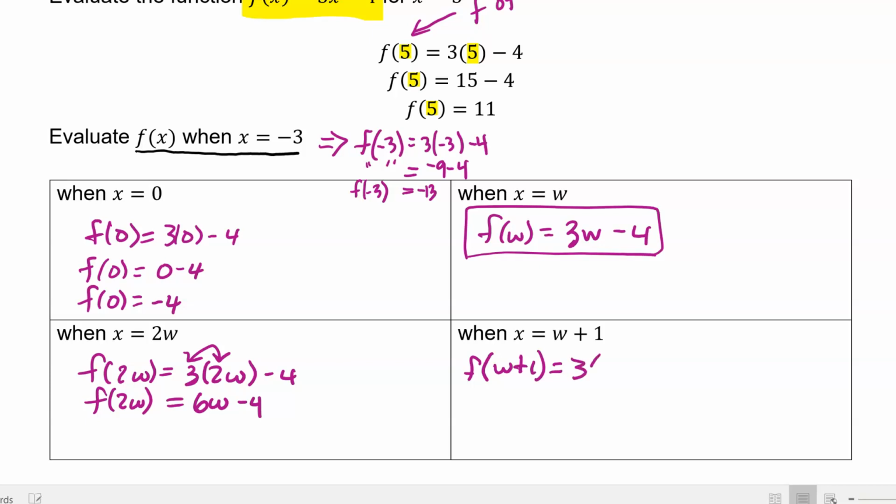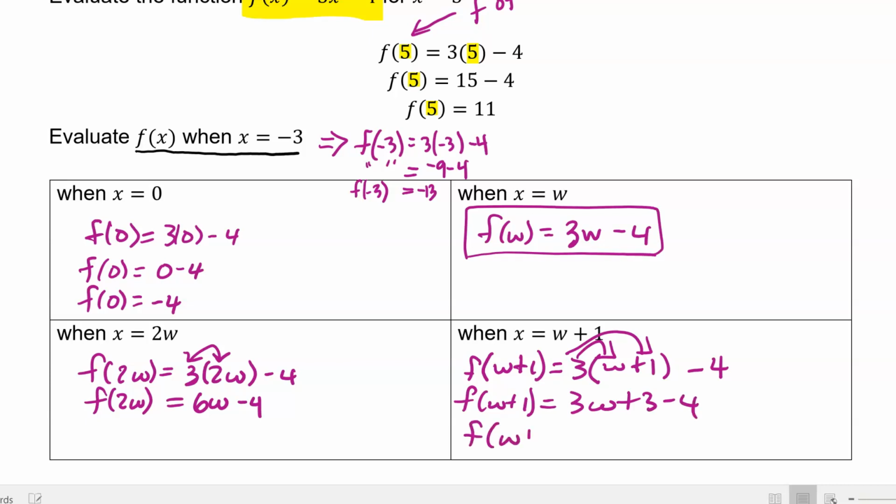So that means 3 is going to be multiplied by w plus 1, and in this case, we're going to have to distribute. So f of w plus 1 equals 3w plus 3 minus 4, which equals 3w minus 1.